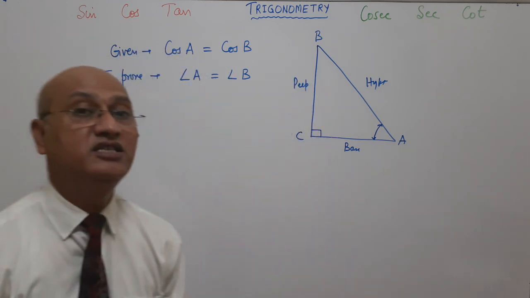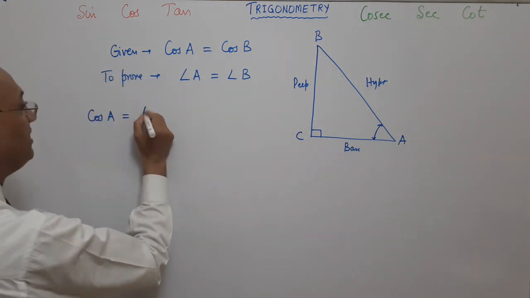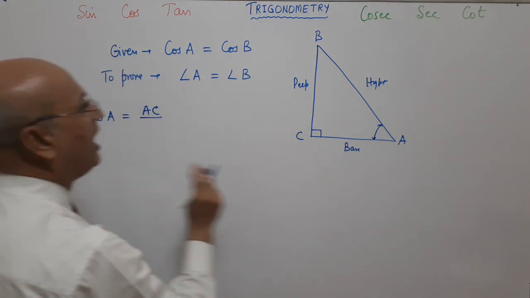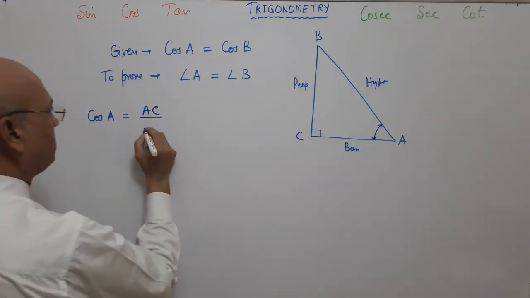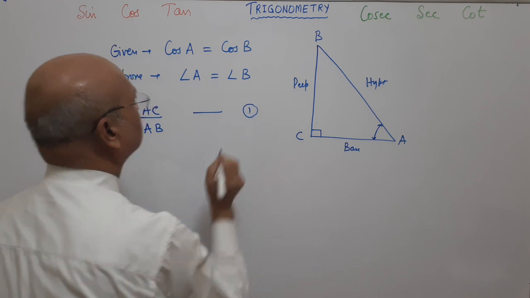Now what is the cos ratio? That is base upon hypotenuse. Base is AC and hypotenuse is AB. Let us consider this as the first equation.